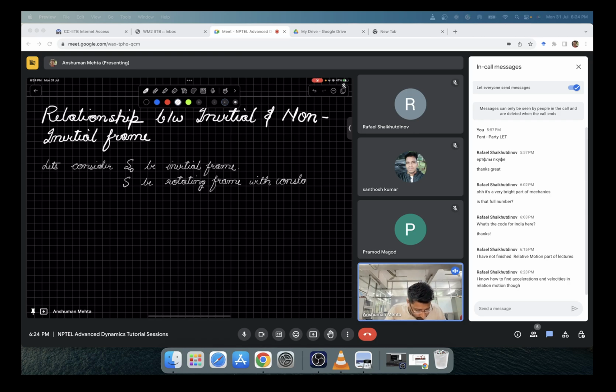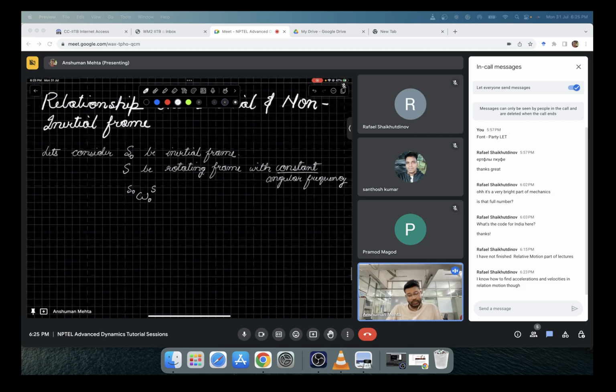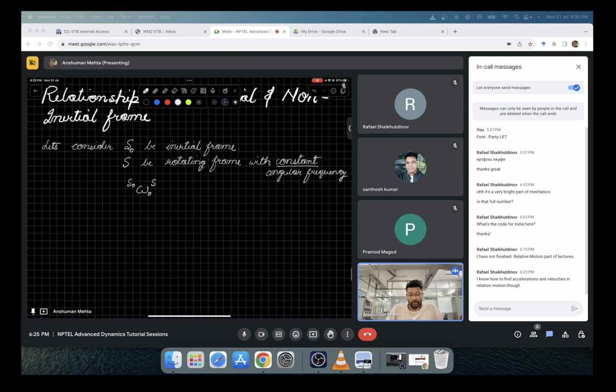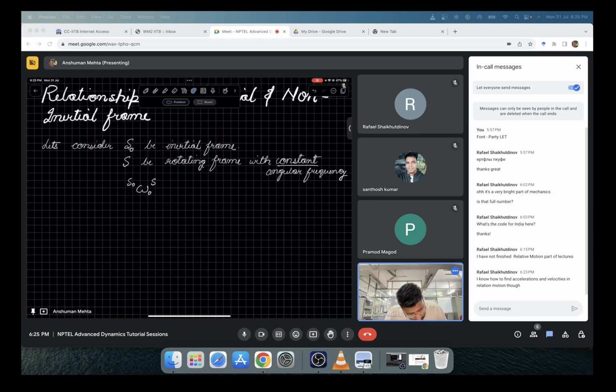Here constant is of importance. Let's define this omega naught. We know it's a constant angular frequency, but with respect to what? With respect to S naught, which is stationary. So there are two coordinate systems or frames, S naught and S, and omega naught S is that constant angular frequency.